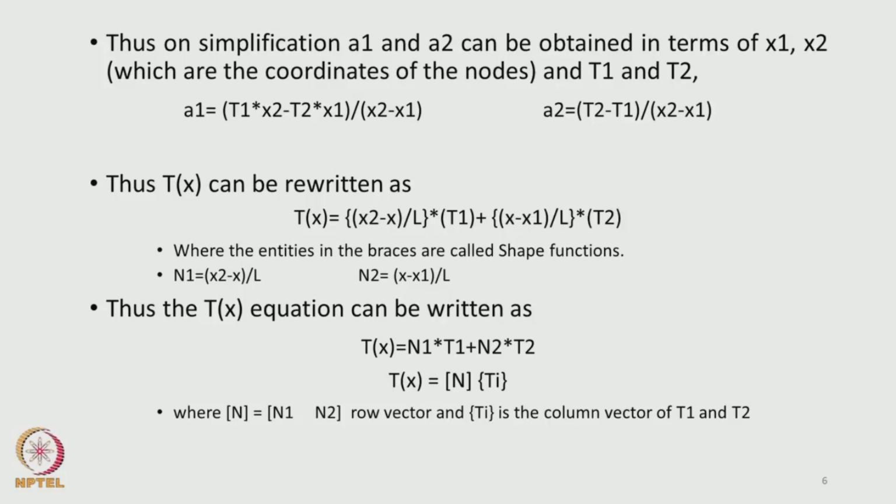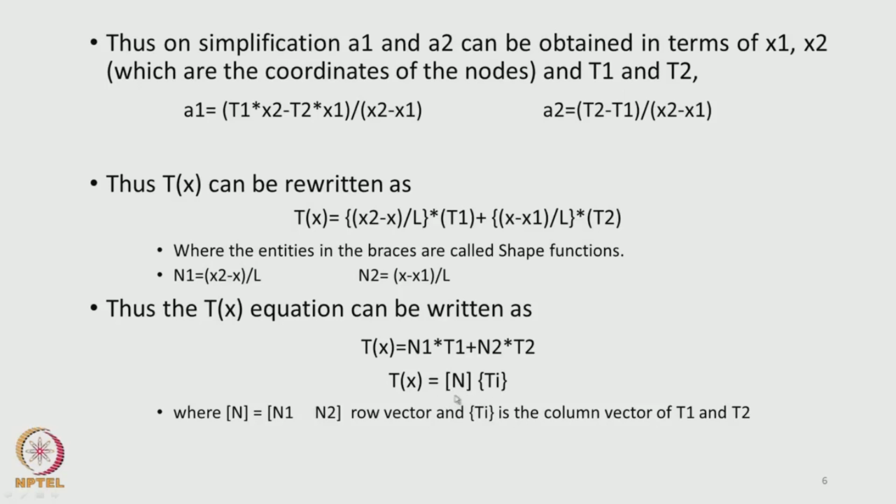Imagine or assume that you are going to extend this for the entire one dimensional element that you have considered. So, we have so many elements, and we extend this procedure for each element, or in generic form you can write it as T of x equals N and T of i.